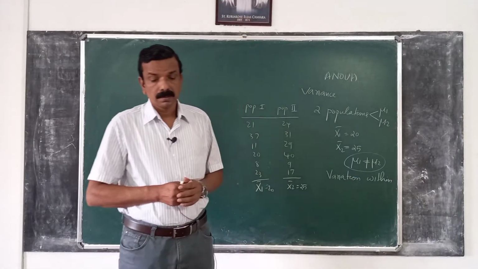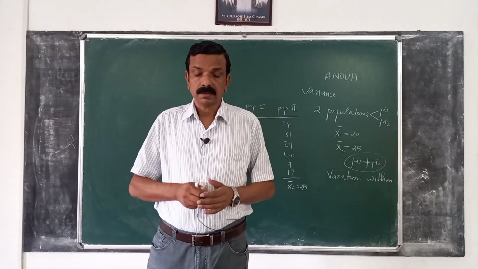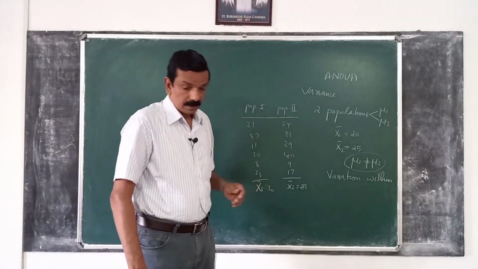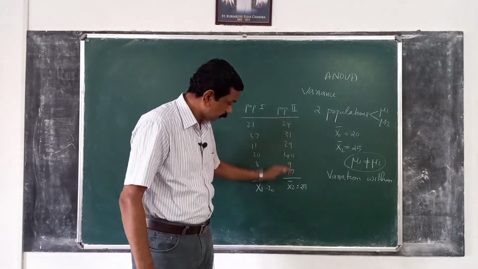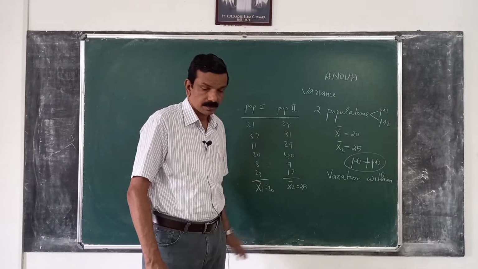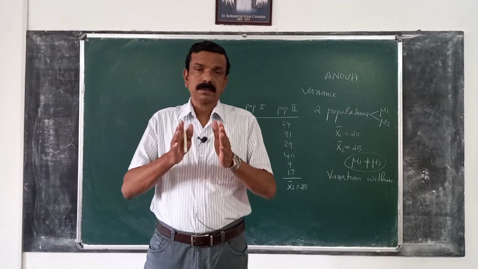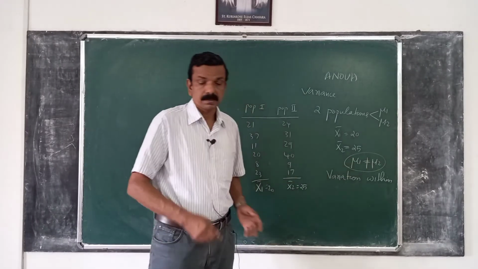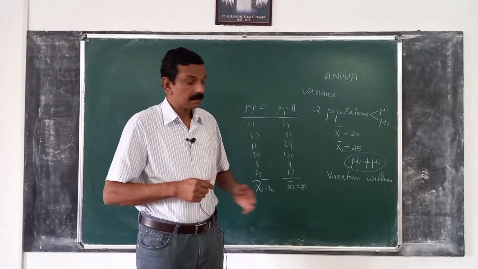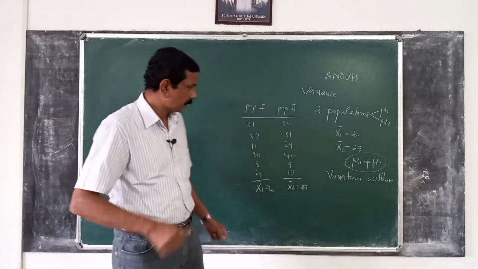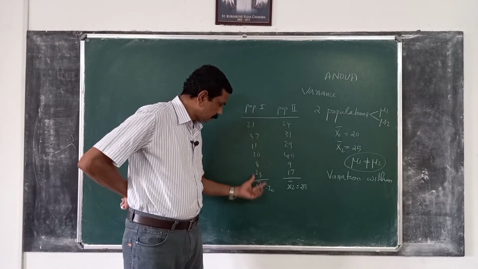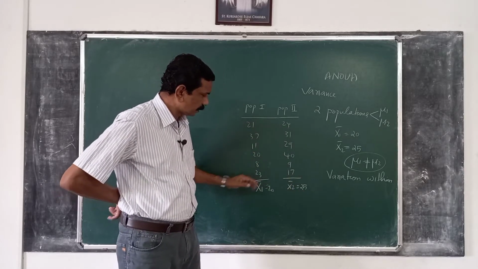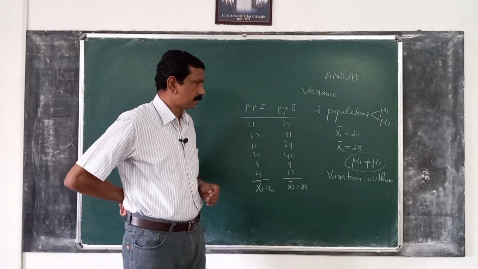We cannot conclude that mu1 is not equal to mu2 as it is not clear whether the difference between the sample means is due to differences in population means or a variation within populations. As you can see, these values are different due to variation within, not because population means are different.